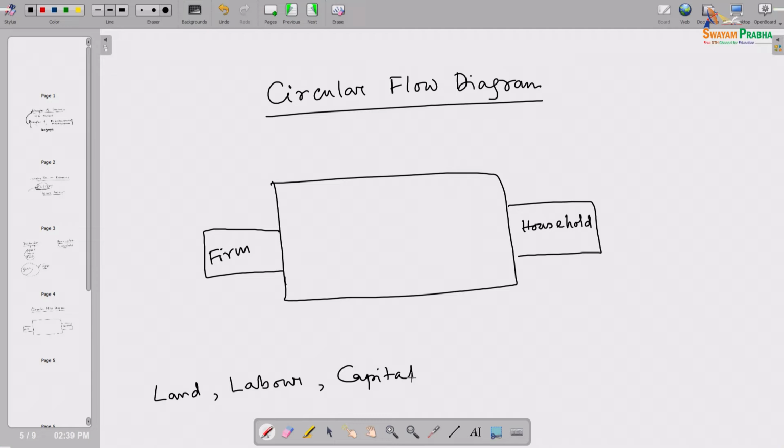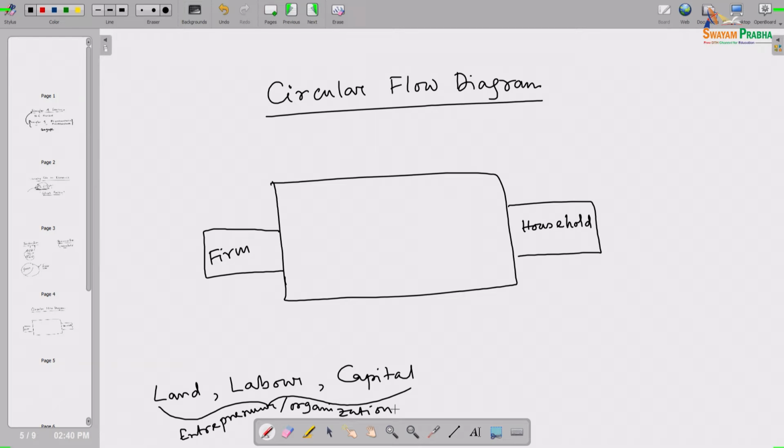So, these are the three factors of production, and the person or organization who combines these three factors of production, he or she is called entrepreneur or organization.